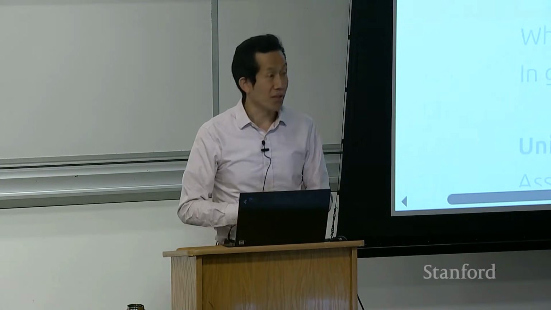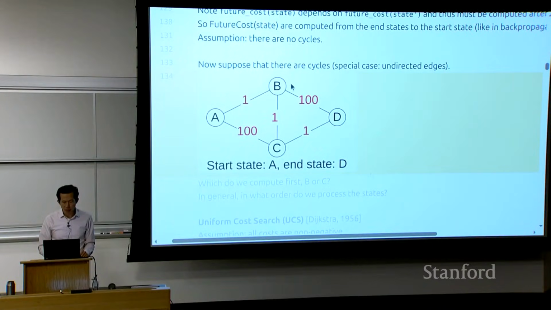Okay. So suppose there are cycles in your search problem. Here is an example. You have 4 nodes in a graph, and here are the edge costs. These edges are undirected, which means that you can go from A to B, and you can also go from B to A, and we're going to assume that the cost in both directions is the same.